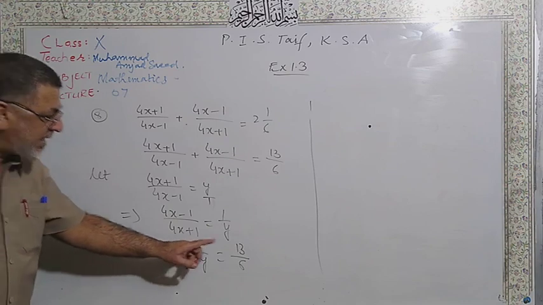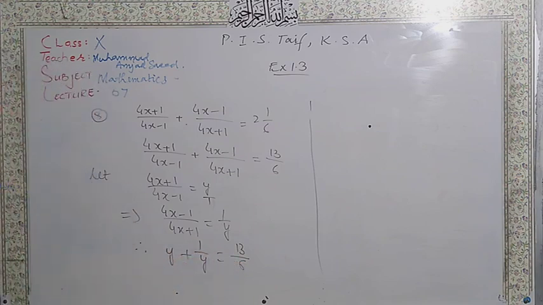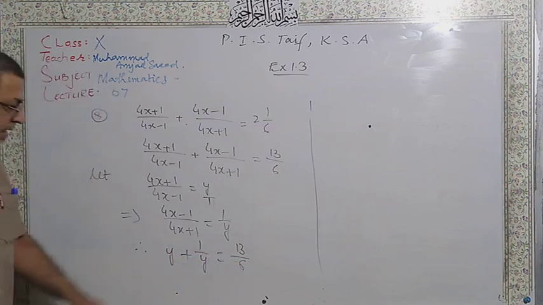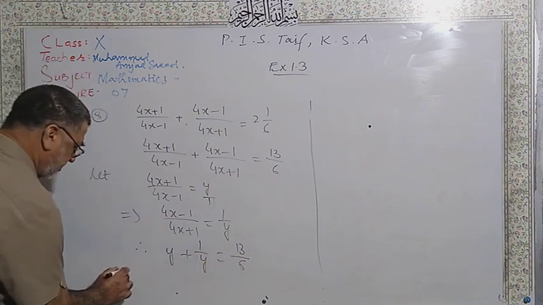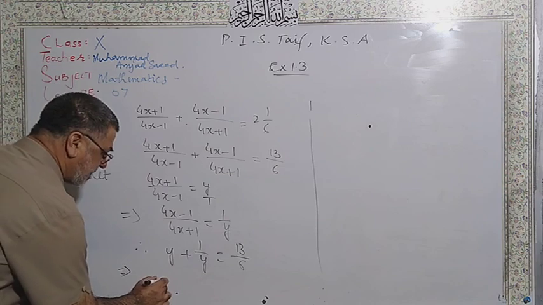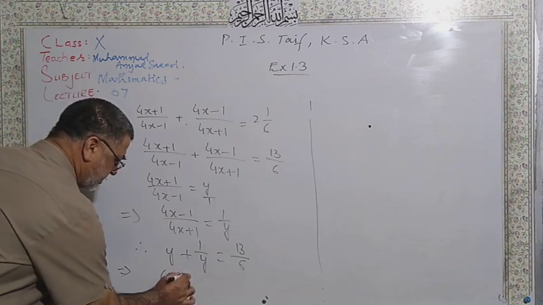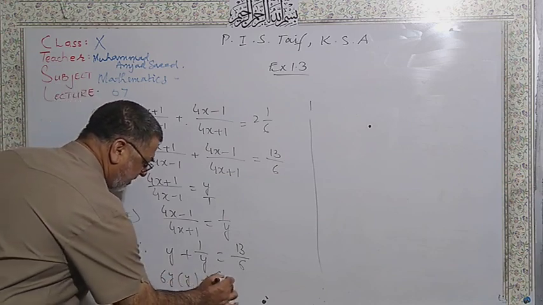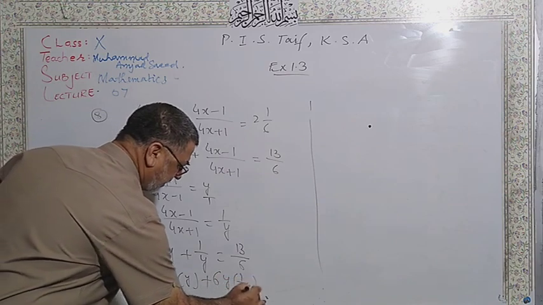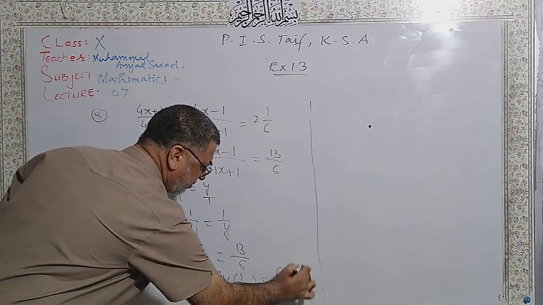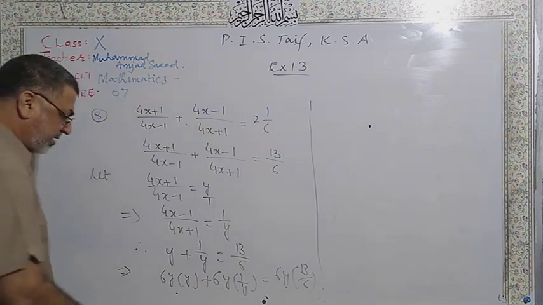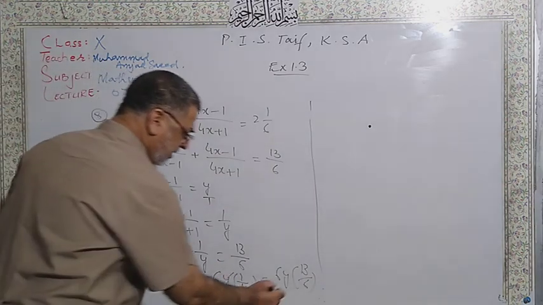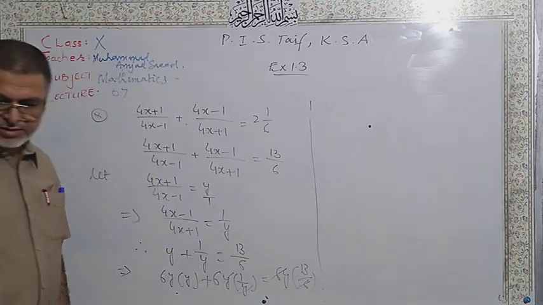Now, what is the LCM of this equation? That is 6 and y. Multiplying both sides by 6y: 6y into y, 6y into 1 over y, 6y into 13 over 6. You can check, y cancelled out, 6 and 6 cancelled out.